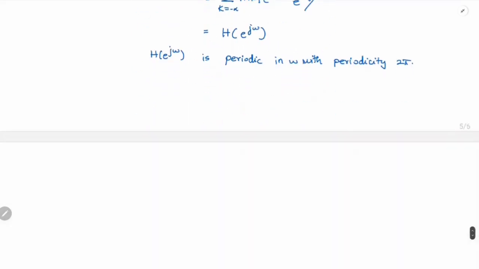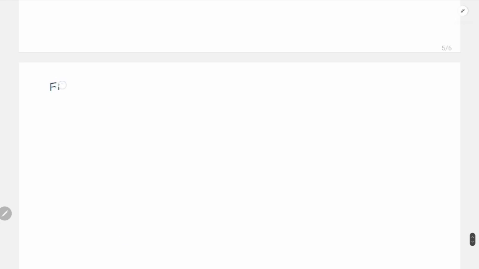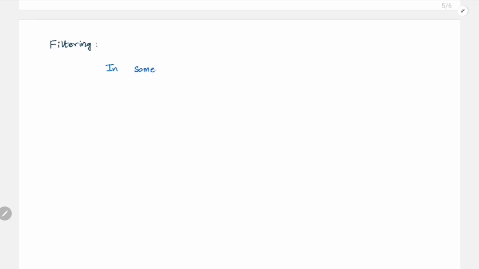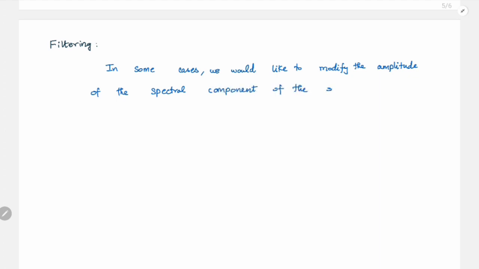So now let us look at filtering. In some cases, we would like to modify the amplitude of the spectral components of the signal, or maybe sometimes completely eliminate some of the components, right?